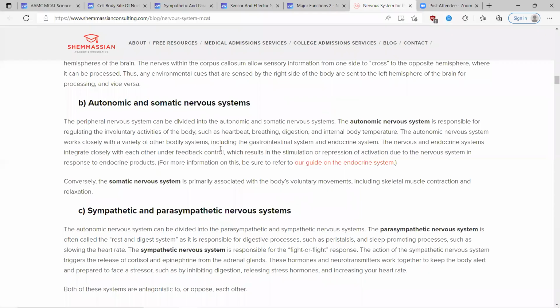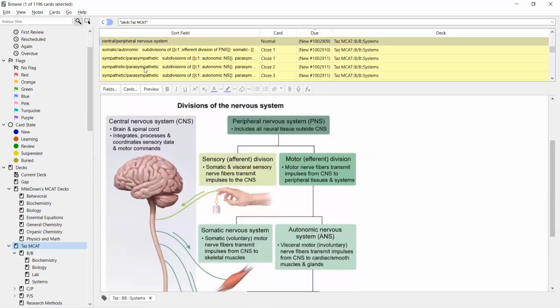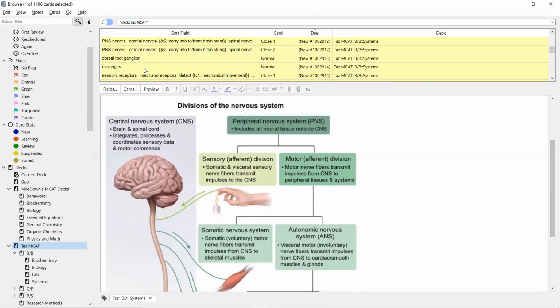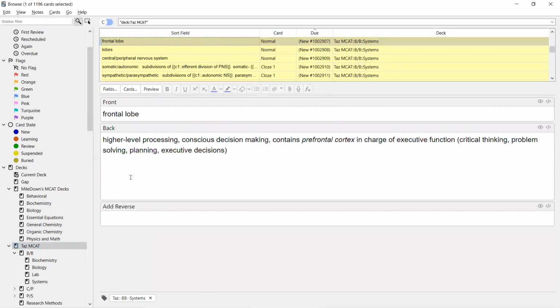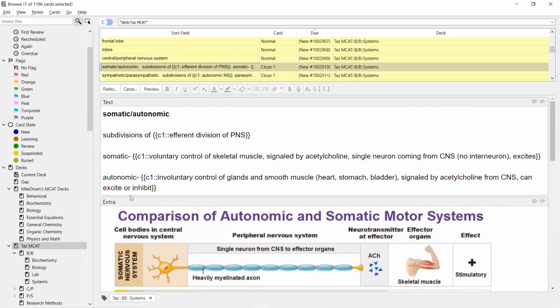So this is just for you to understand function-wise the difference, right? When we say sensory and motor, what do we mean?